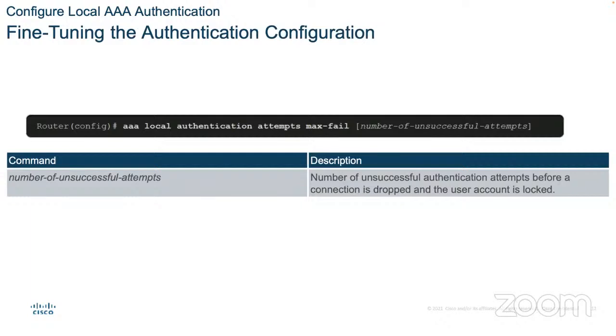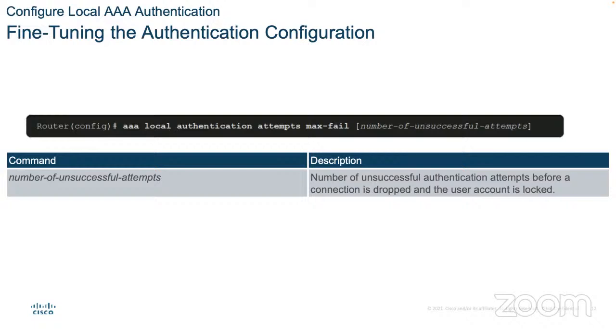Additional security can be implemented on that specific line using the aaa local authentication attempts max-fail command in global config. This command secures the AAA user account by locking out accounts that have excessive failed attempts. It will remain locked until manually cleared by an admin.